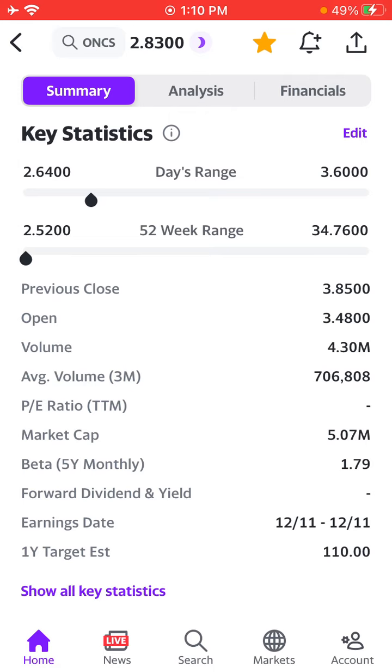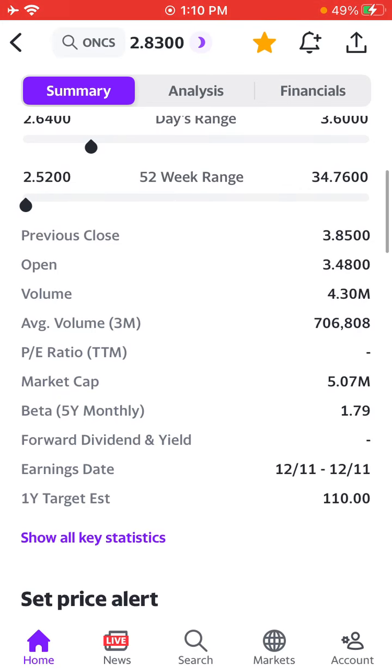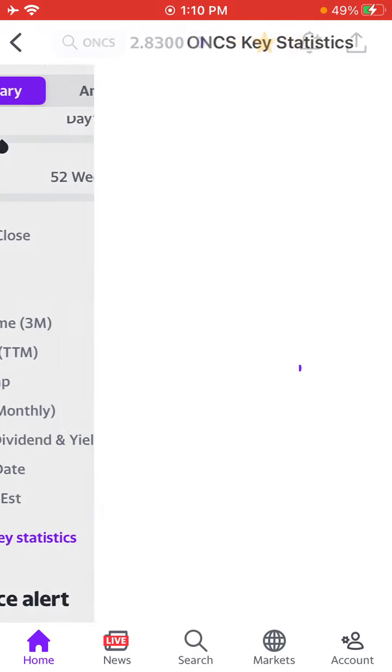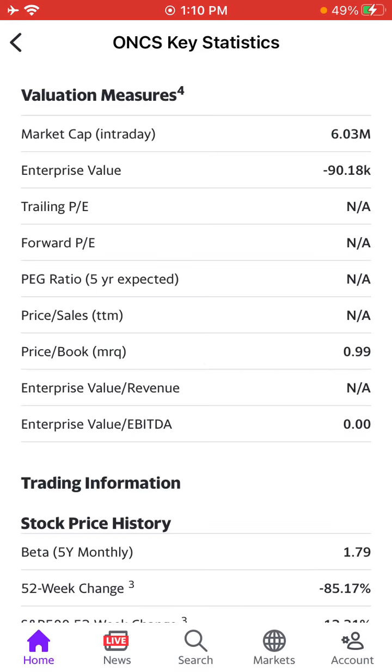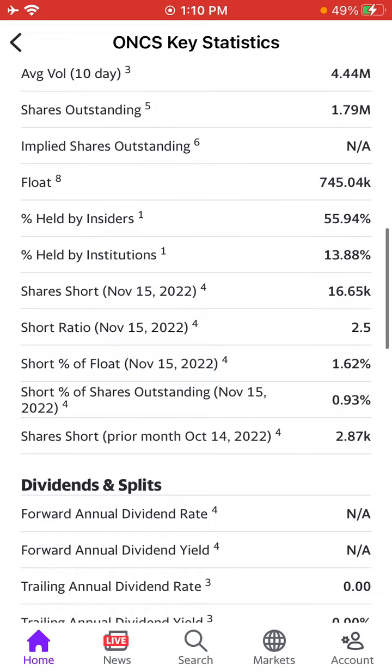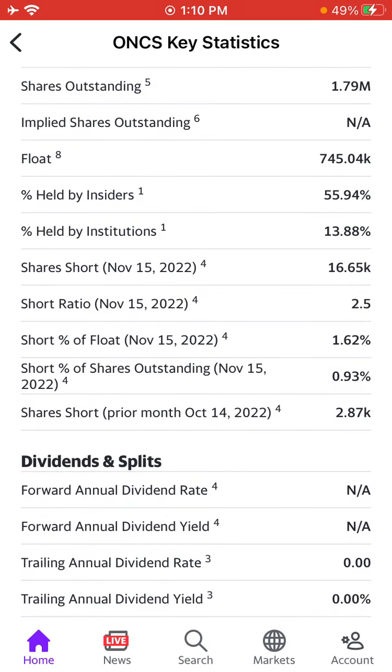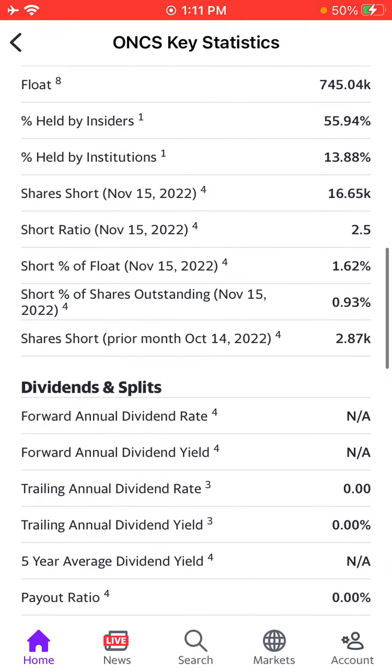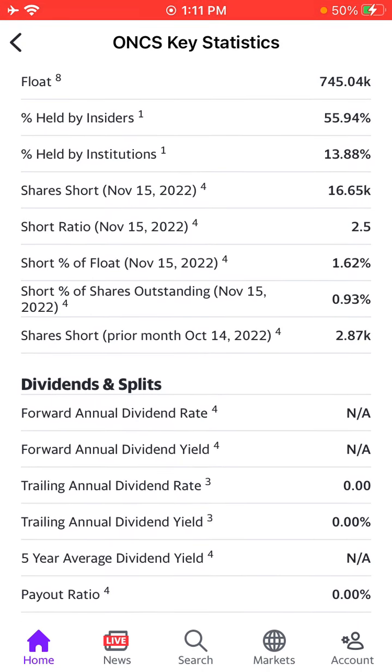So now I'll go here to show all key statistics. And then if we scroll down, we can see in this case, the shares outstanding is 1.79 million. And then the float is showing under 1 million.